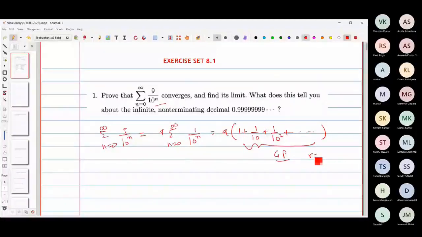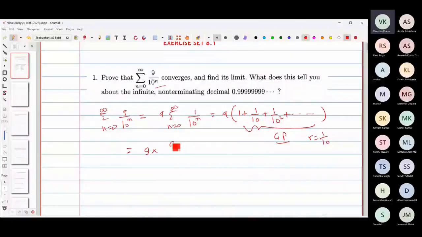Fine. This is convergent, and one more thing you can say is that you can find the sum. What will be the sum of this? 9 times, the first term is A. You know the formula for the sum of infinite terms of a GP, A over 1 minus R. If R is between 0 and 1, then we can use this formula for infinite terms.